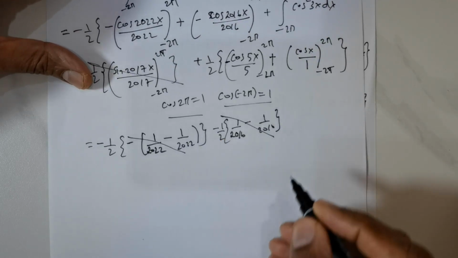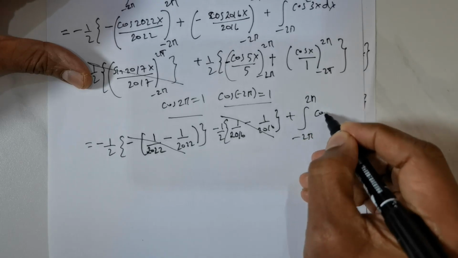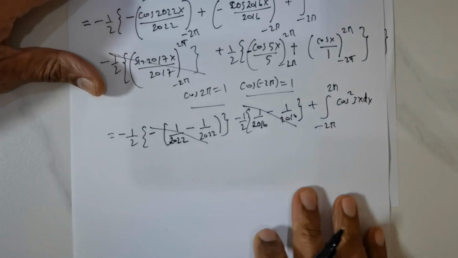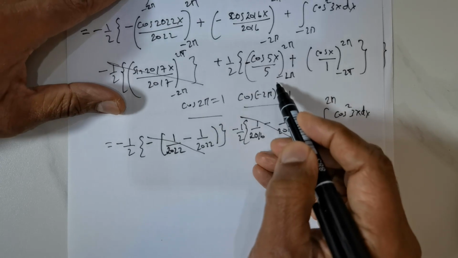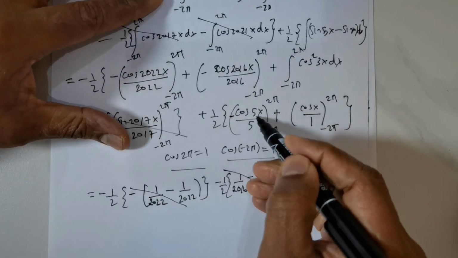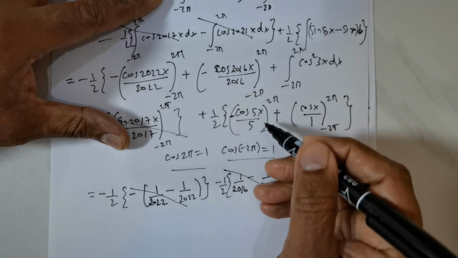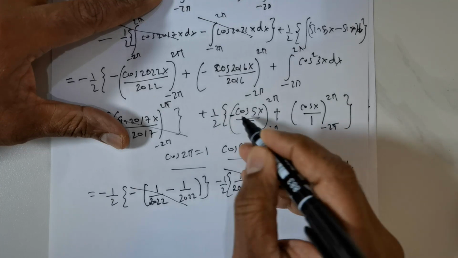So apparently what are we left with? We are left with negative 2 pi to 2 pi cos squared of 3x dx. Okay, I'm going to integrate this within a minute. Let me settle this off. So this is going to be 10 pi, right? So that's producing me a 1, and again there will be a 1 over here, so this is off.